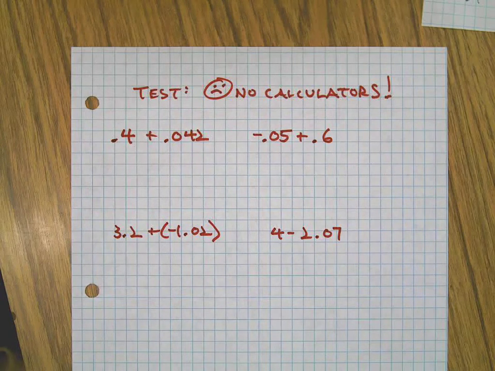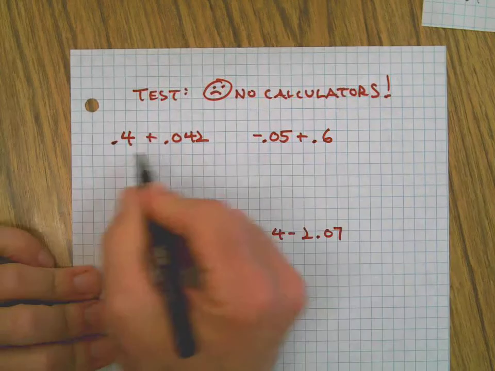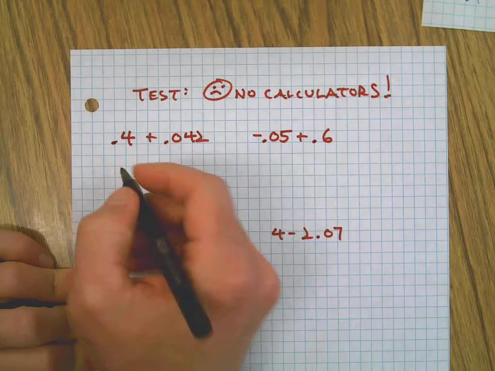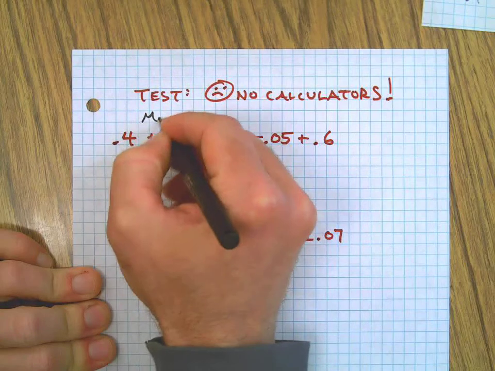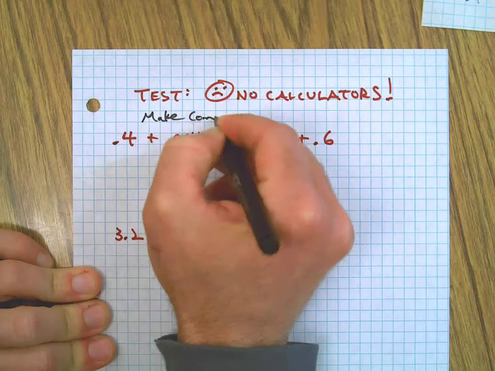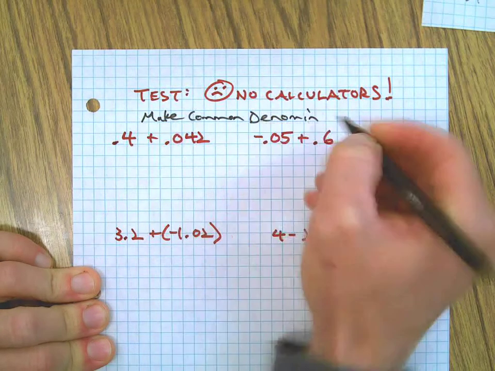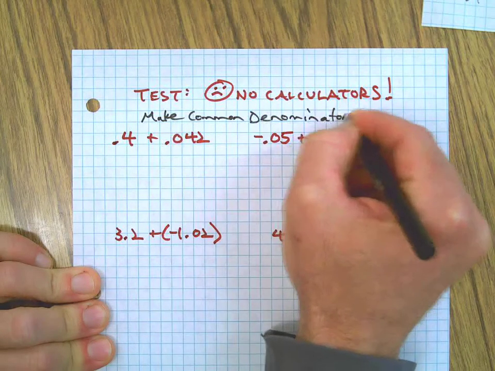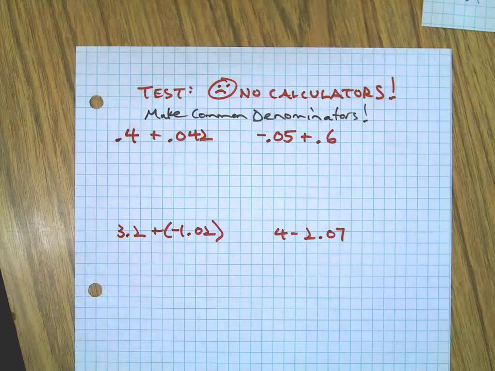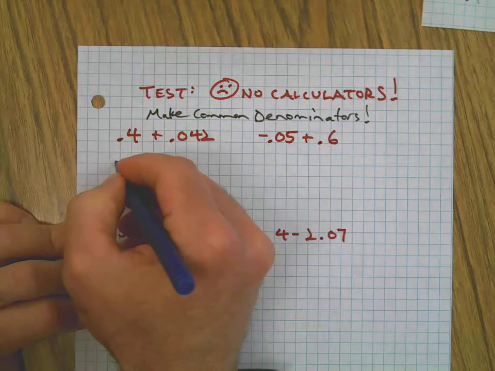Okay, welcome back. We're going to change these so they have common denominators. How can these have common denominators? They're decimals. Well, we talked about that in the first few minutes of the video, and here's how that works.